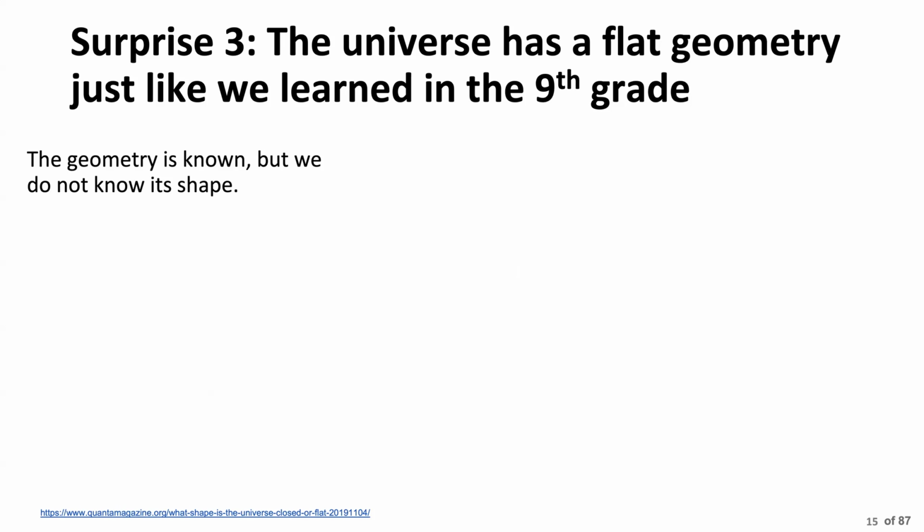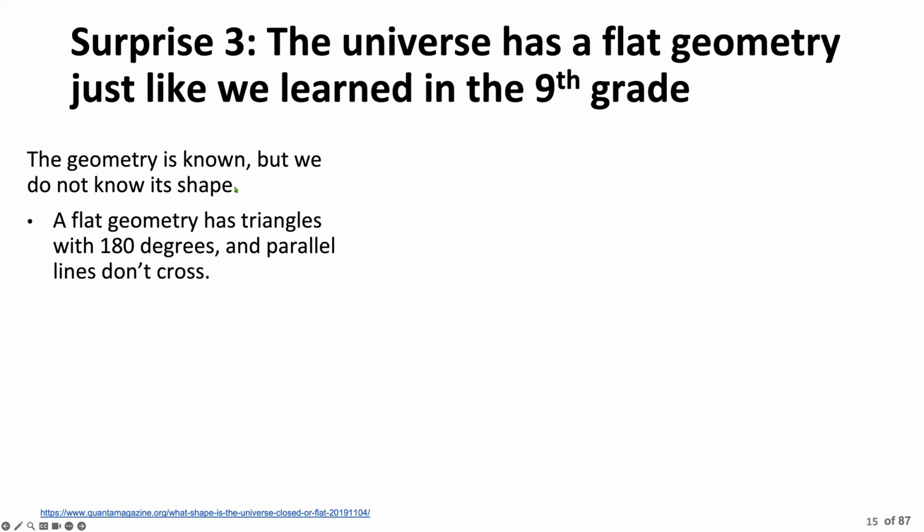The ancient Greeks understood the properties of plane geometry, and that's how our universe behaves. But we have to make a distinction. We know its geometry, but we don't know its shape. And I'm going to show you an example of how this can happen. What are the properties of a flat geometry?